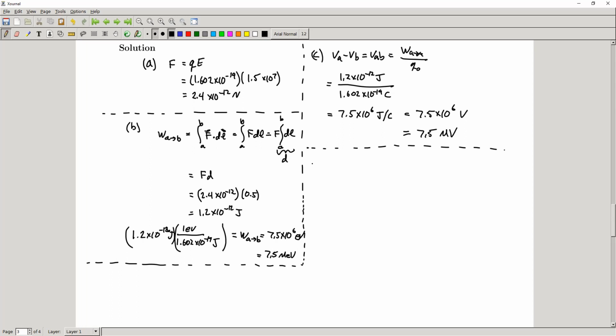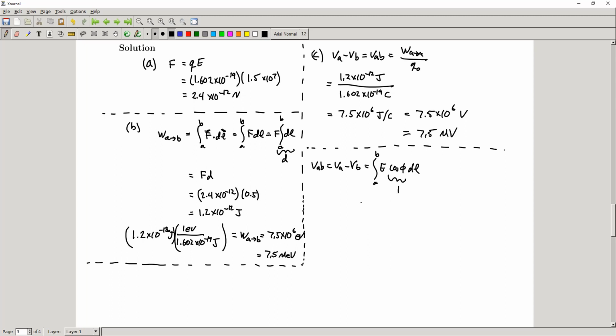Well, we know that VAB is just equal to VA minus VB, and this is going to be equal to the integral from A to B of E cos phi dl. So I'm just using the dot product expanded into this version where we have the cosine between our E and our displacement d, but we know that they point in the same direction here, so this is going to go to 1.